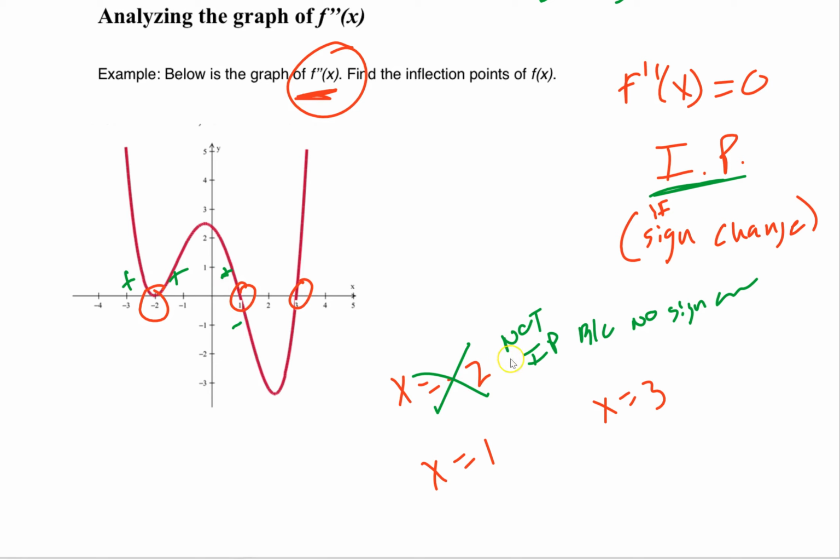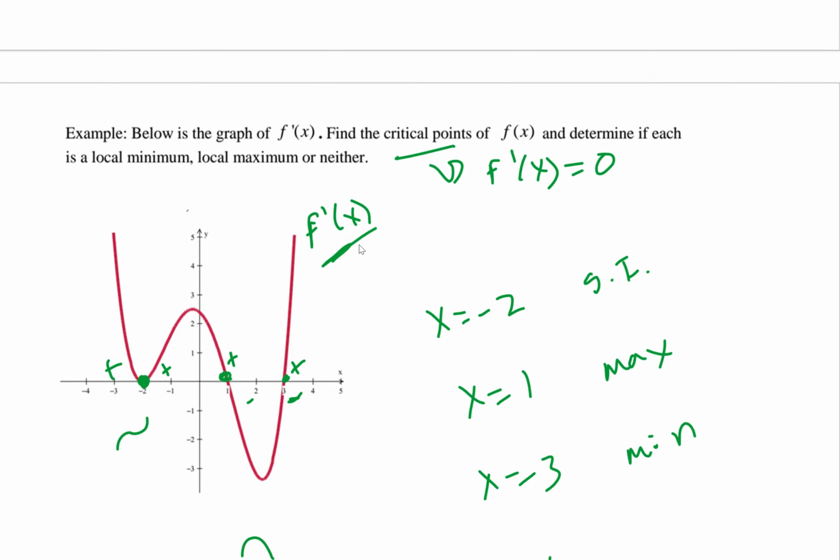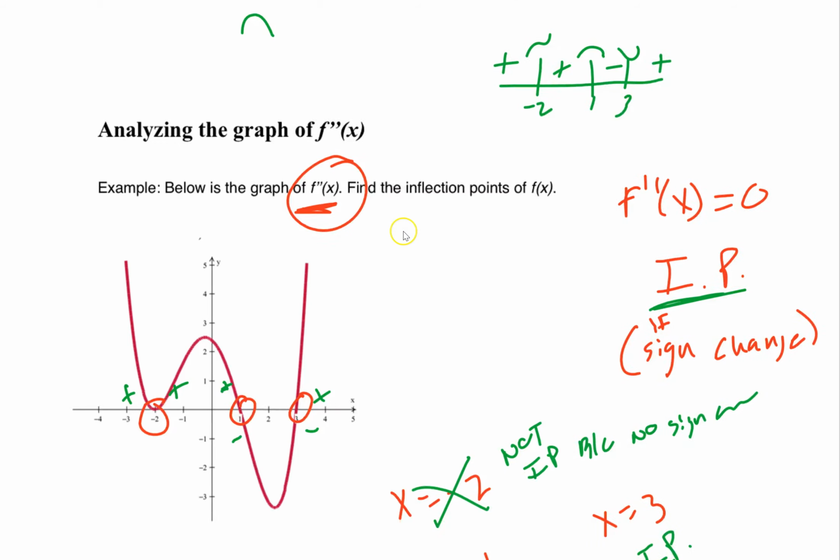I don't care how it goes with inflection points. It's the fact that it switches signs at all. It means that it's an inflection point. That's all I care about. Right? x equals 3, same idea. Minus to positive, it's also an inflection point. Right? So second derivative tells you inflection points. First derivative tells you min and max and stationary inflections. And that's kind of the idea of the whole video.